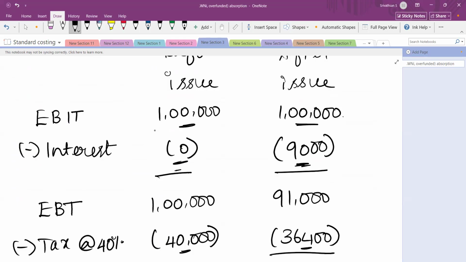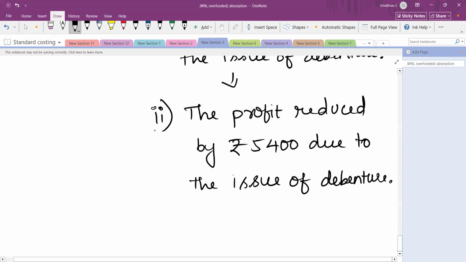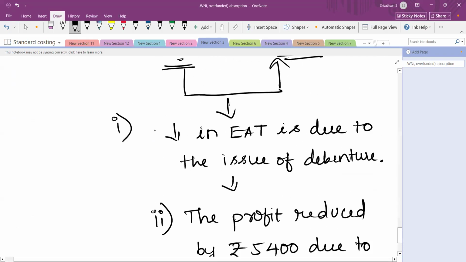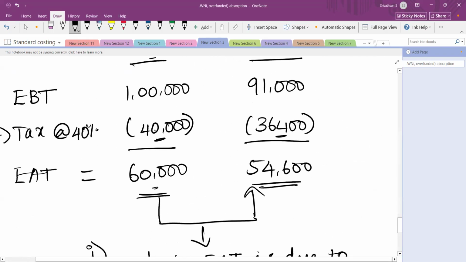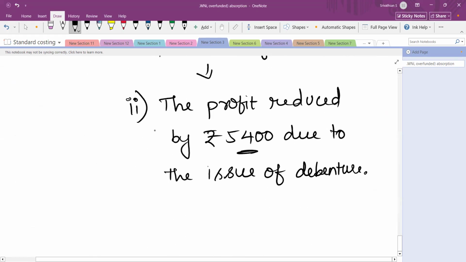So the profit of the company should have reduced by 9,000 rupees. But here, the profit of the company reduced only by 5,400. Why? Because of the tax benefit, because of the interest expense. The profit should have reduced by 9,000 rupees, but here it is reducing by only 5,400 because of the tax benefit due to the interest expense.